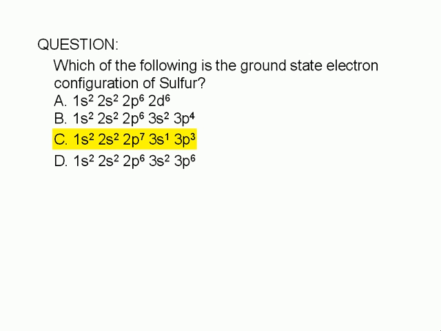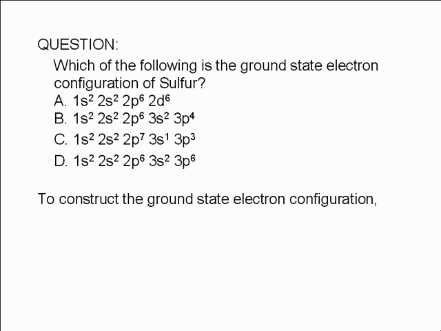C. 1s2, 2s2, 2p7, 3s1, 3p3. Or D. 1s2, 2s2, 2p6, 3s2, 3p6. To construct the ground state electron configuration of an atom, we do the following.